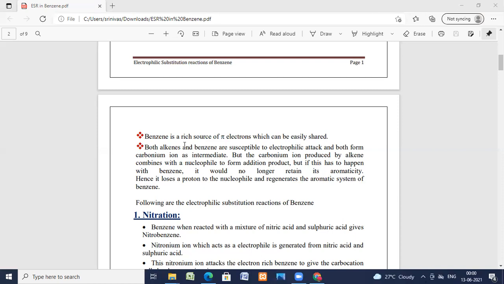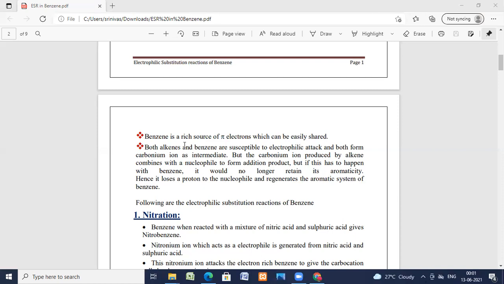It undergoes aromatic substitutions, that is, electrophilic substitutions are more favorable. The replacement of an atom, generally hydrogen, or a group attached to the carbon of the benzene ring by another group is known as aromatic substitution reaction.